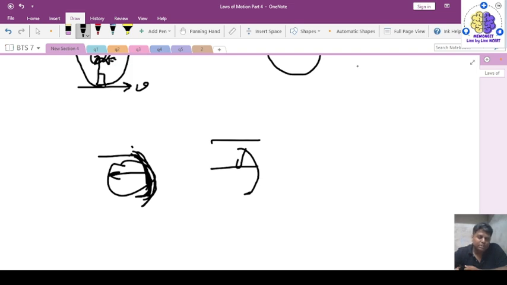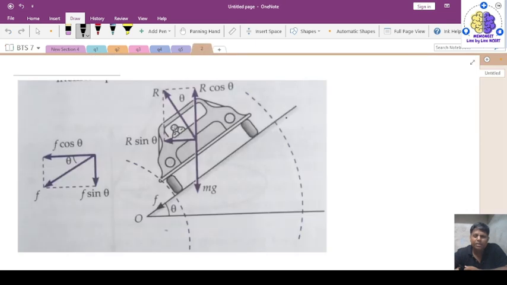Now, to understand it well, let's see this diagram. Now, see the car. This is the path of the car, and let's say this is the road. When the car is moving straight, its inertia of motion wants it to move straight.